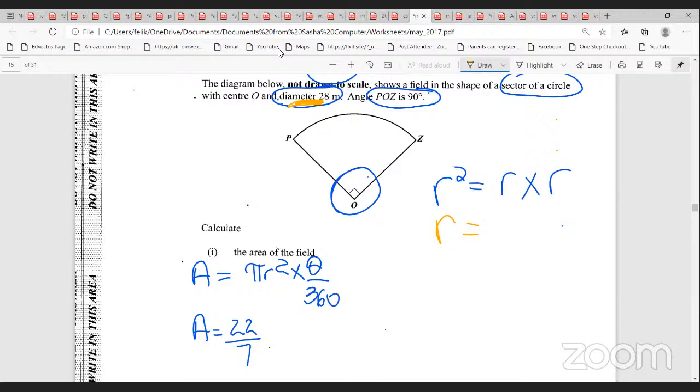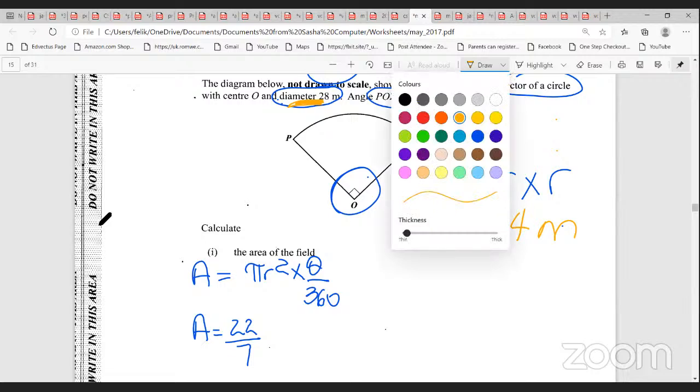The radius is half of the diameter. All right, good. The radius is half of the diameter. So if the diameter is 28, then the radius is? 14. The radius is 14. Well done. All right, so the radius is 14 meters. All right, yes, Gabriel, well done.